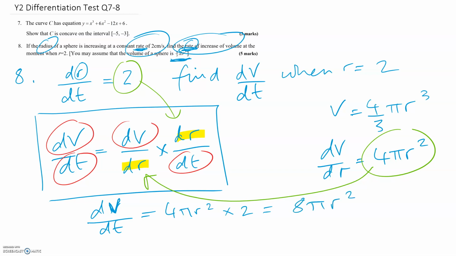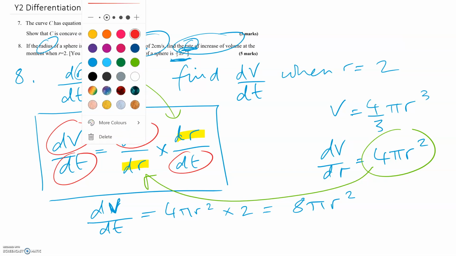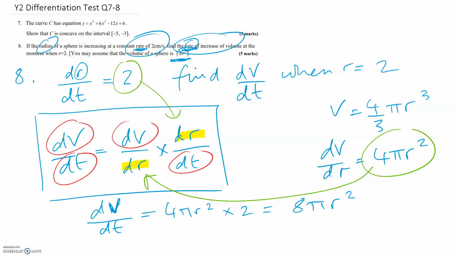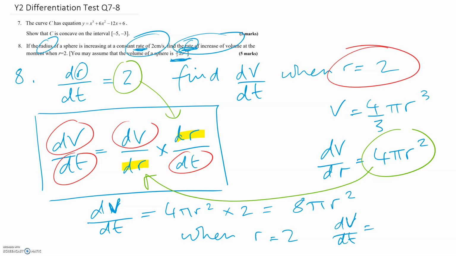The question says we need to work out what dV by dt is when r equals 2. So when r equals 2, dV by dt equals 8 pi times 2 squared, which is going to give us 32 pi.